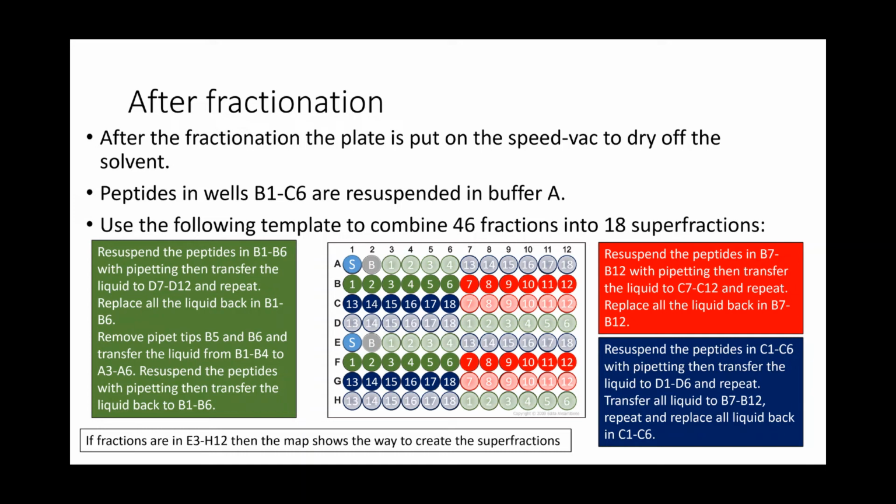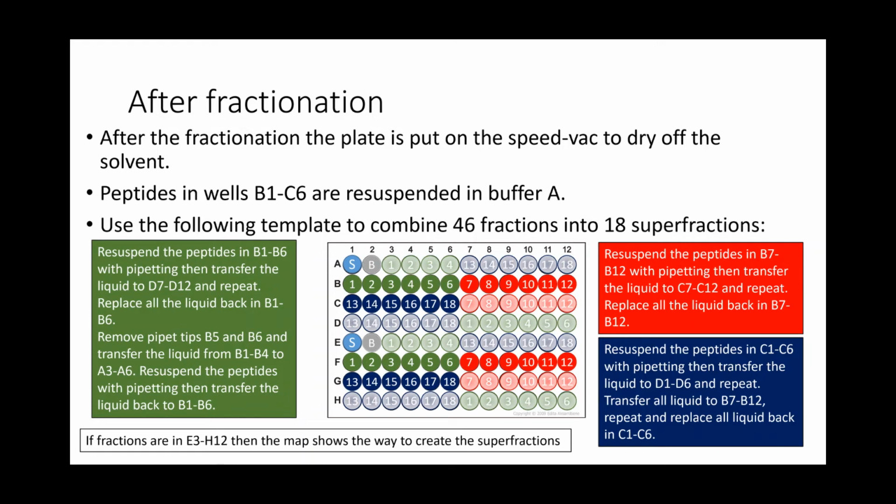Then we're going to remove 2 tips from B5 and B6, and we're going to transfer the liquid from B1 through 4 into A3 through A6, resuspend those peptides, and then put those back into B1 through 4.